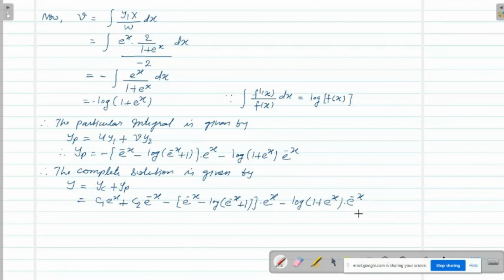Okay, this is the required general solution of your given differential equation.